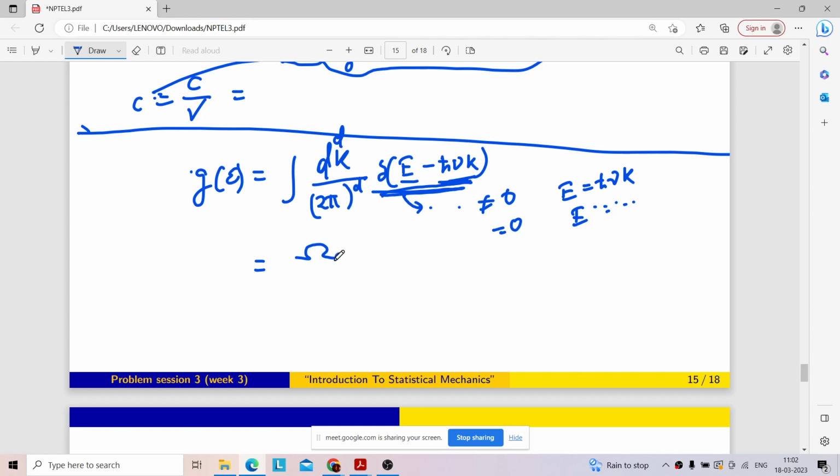Let's denote this volume as omega d, and we will have 2 pi to the power d.